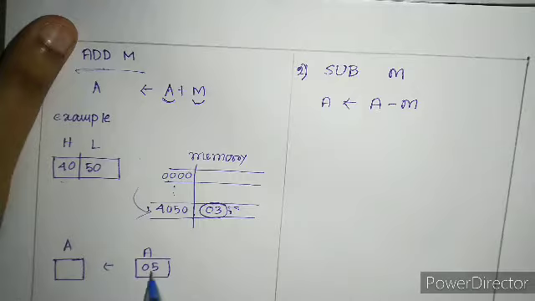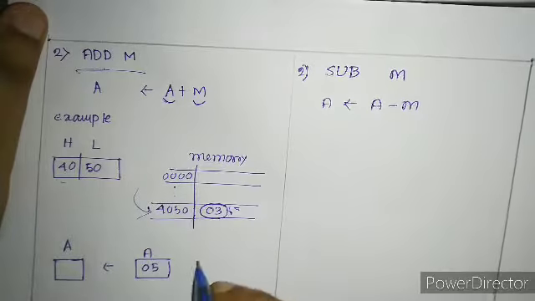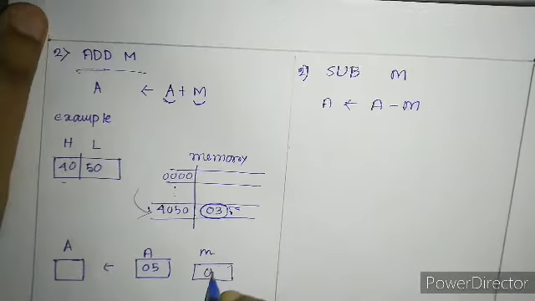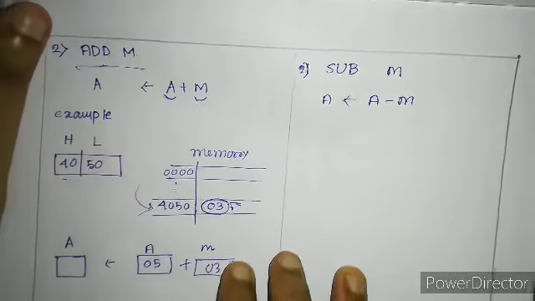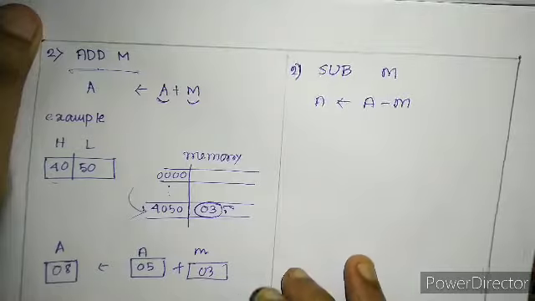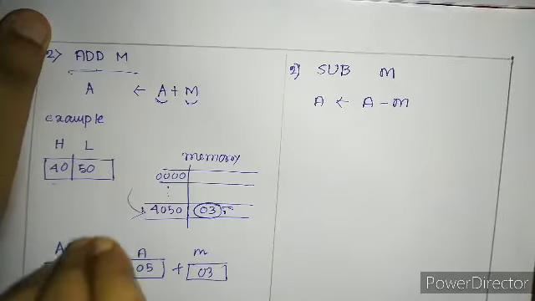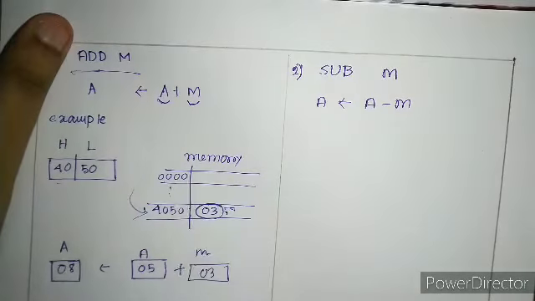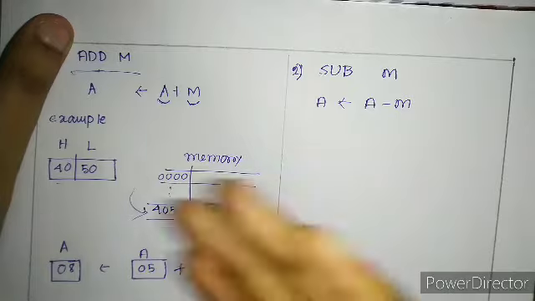Suppose in A there was 05 and in the memory location it's 03. They both will get added and the result will be 8. Clear? I am not drawing this diagram again. Do it yourself.